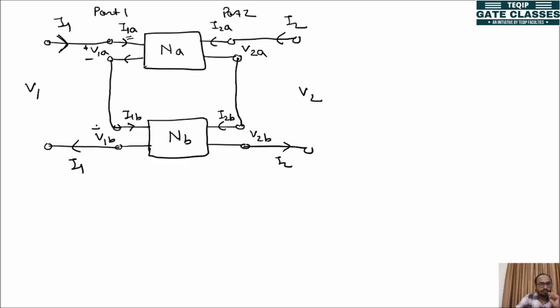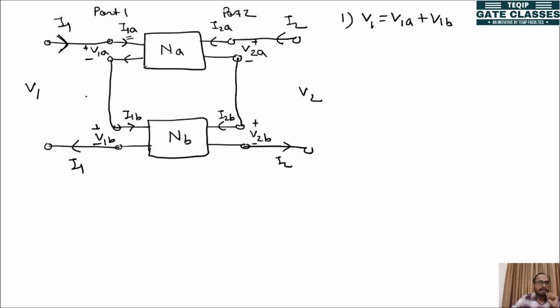First of all, give the polarity of voltages here, plus minus. Now see, relation first: V1 is equal to V1A plus V1B.